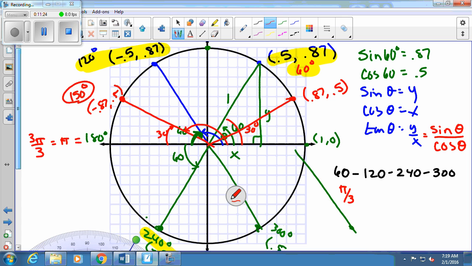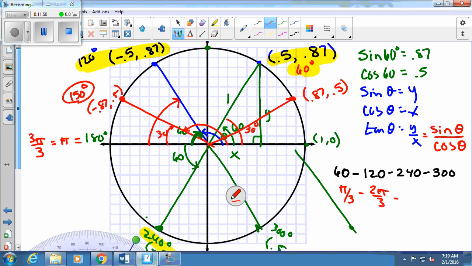So recall that, let's see, I was here and we had to back up. How much did I back up to get to this angle measure? I backed up 60. Well, what's the equivalent of 60? So if I'm at 3/3 and I back up a third, where am I at? 3/3 and I back up 1, where am I? 2 pi over 3. That's right.